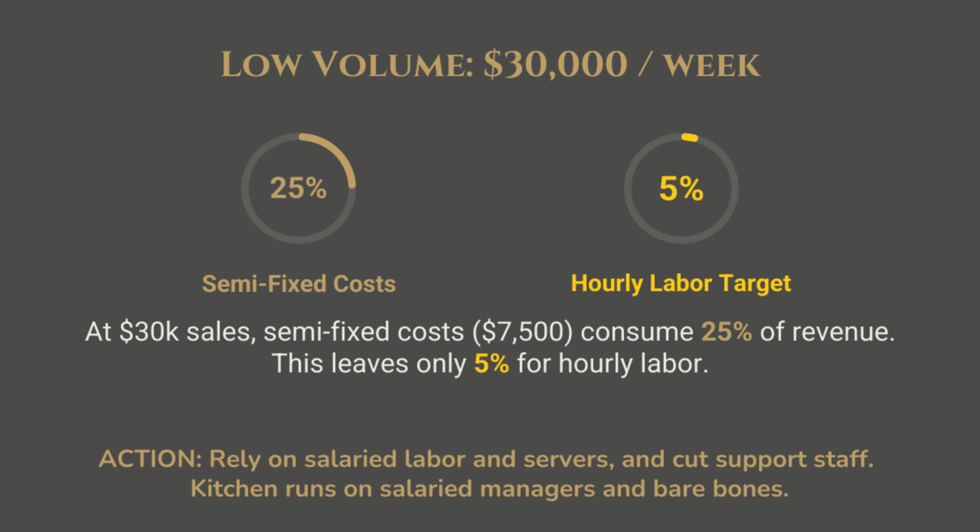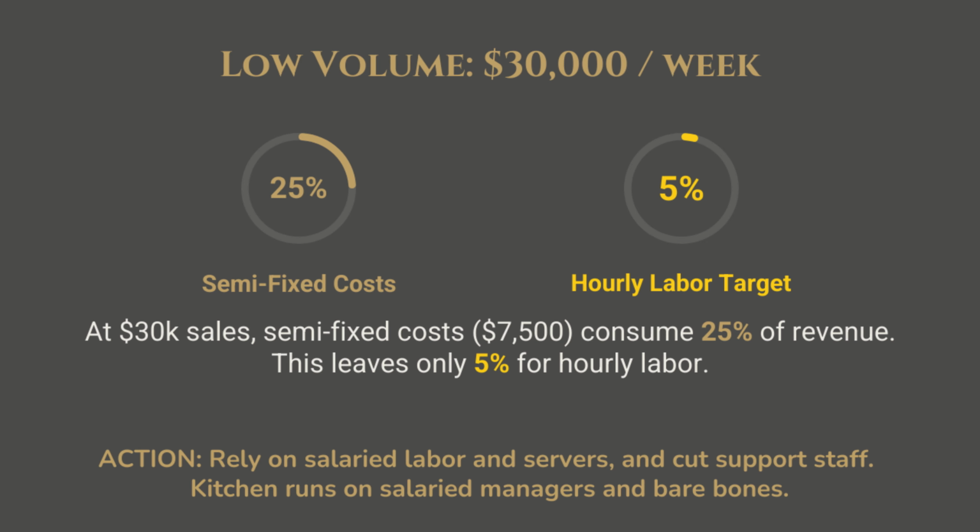This example shows how difficult labor management becomes at lower sales volumes. At $30,000 in weekly sales, the semi-fixed costs, like management salaries and payroll taxes, already consume about 25% of total revenue. That leaves only 5% available for hourly labor if we want to stay within the overall 30% labor target.